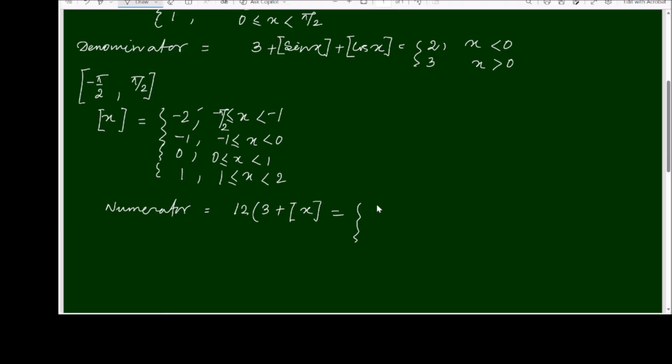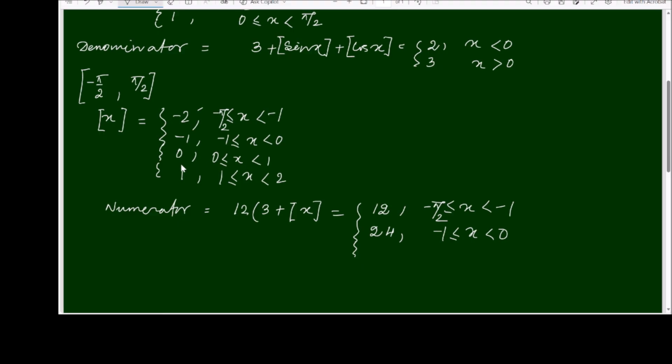It will be 12 when x is between minus pi by 2 and minus 1. Then again it will take minus 1, so it will be 2. So 12 into 2, 24 when x is from negative 1 to 0.